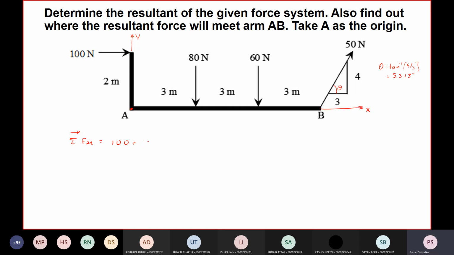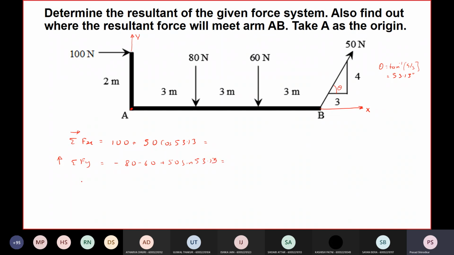Both total we will get it as 90. So this is 50 cos 53.13. Calculate summation Fy, upwards positive, is equal to minus 80 minus 60 plus 50 sine 53.13 and calculate.